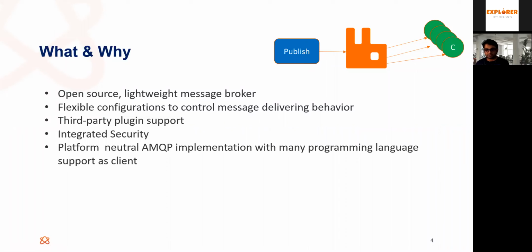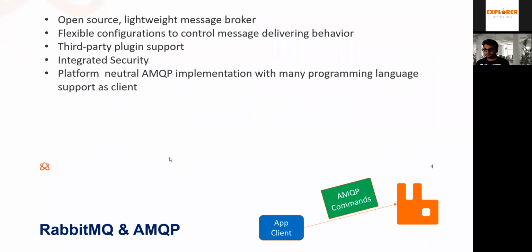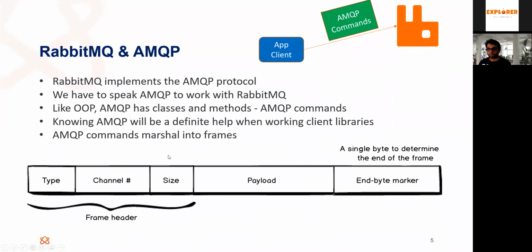So with that, let's move on to the next section, looking into this most important protocol, Advanced Message Queuing Protocol, and how it's related to RabbitMQ. As I mentioned previously, RabbitMQ implements this protocol, so we have to speak it to communicate with RabbitMQ.